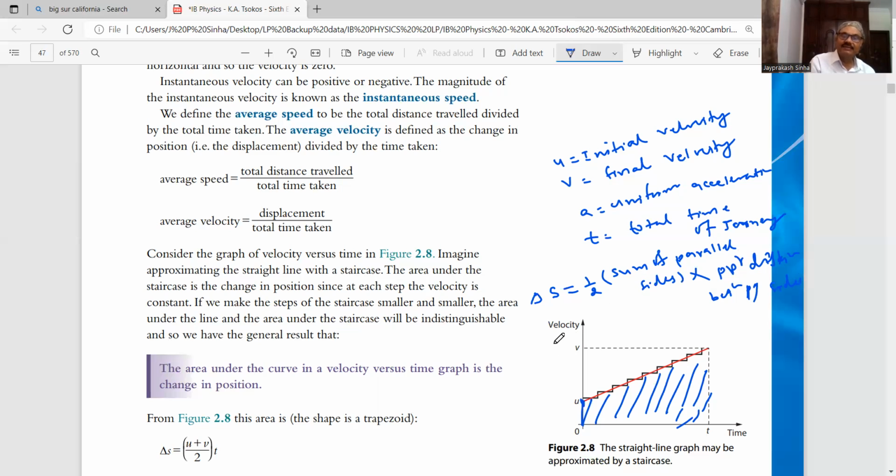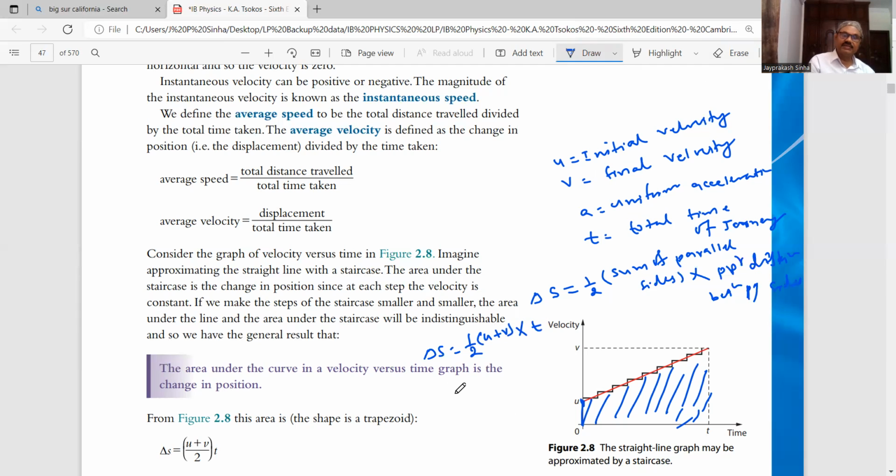So you can write delta s is equal to half, sum of parallel sides u plus v, or v plus u you can write, multiplied by t.